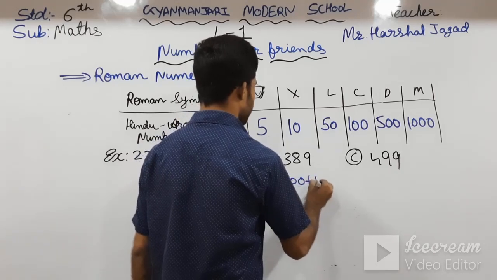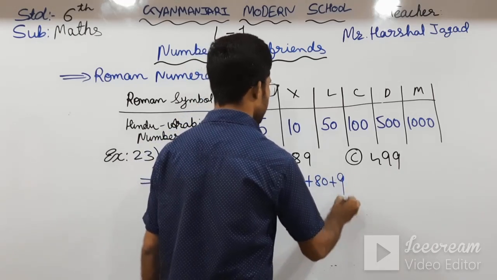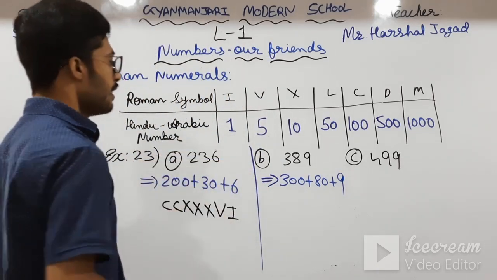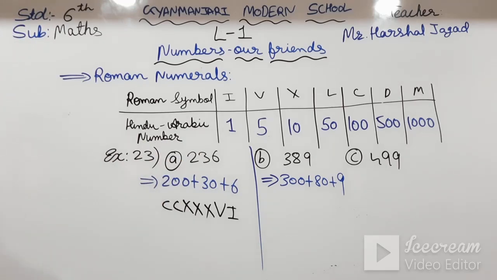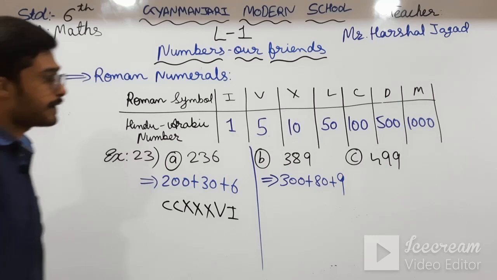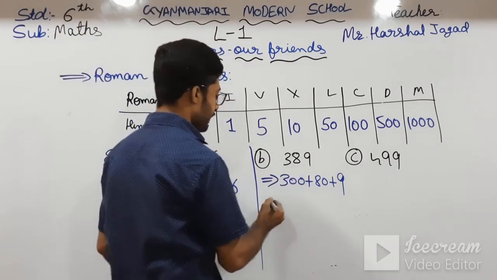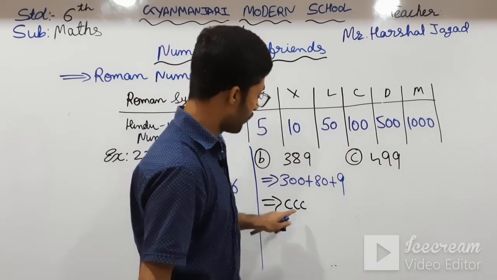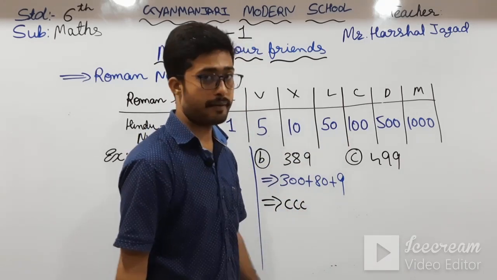Okay students, next. How can we write this? 300 plus 80 plus 9. Students, first of all, solve it on your own. How can we write 300? 3C, means 100 plus 100 plus 100, that is 300.